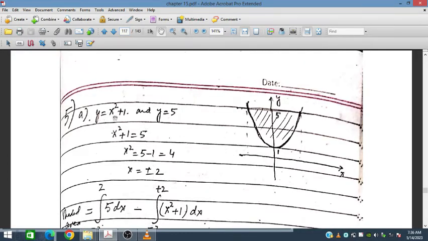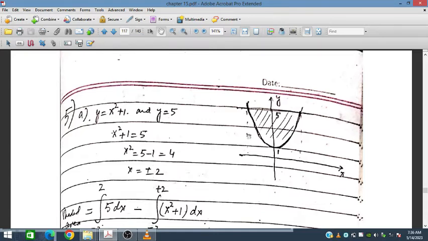So we have y is equal to x square plus 1 and y is equal to 5. So this is y is equal to 5 and this is a parabolic shape, y is equal to x square. We have already drawn it in earlier exercises.